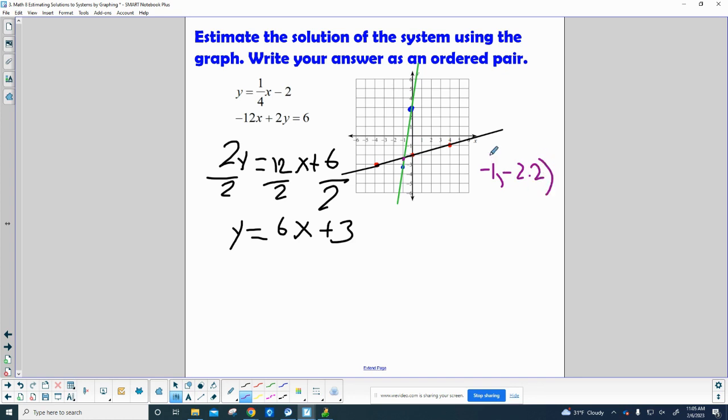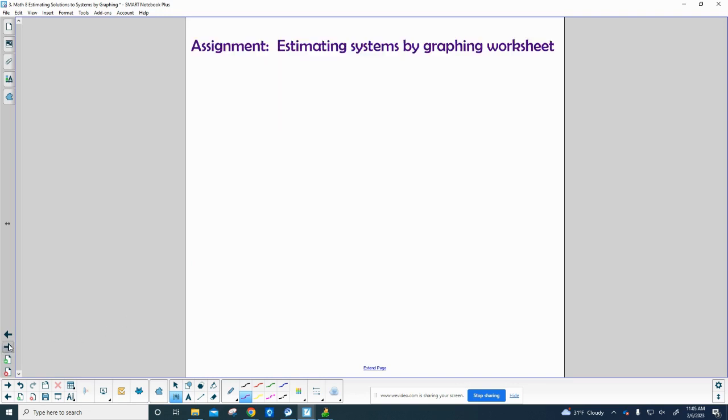Something like that, somewhere in that neighborhood. And if you do that, that'll be good enough on this particular one. So we're going to give you a little worksheet, and you're going to practice a few of those problems. The best thing to do is make sure you get your very best graphs, and then go back and estimate about where they cross. Thank you very much.